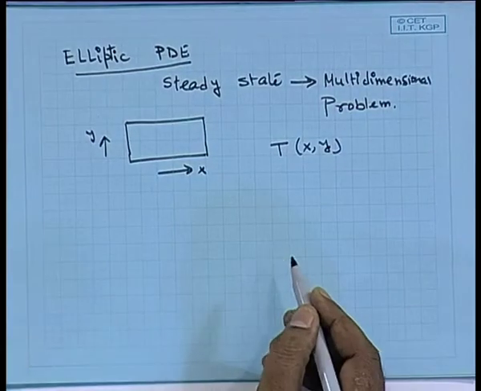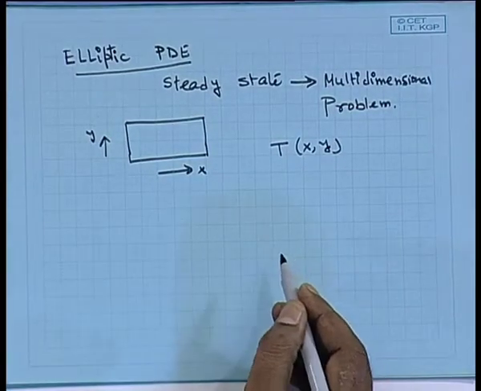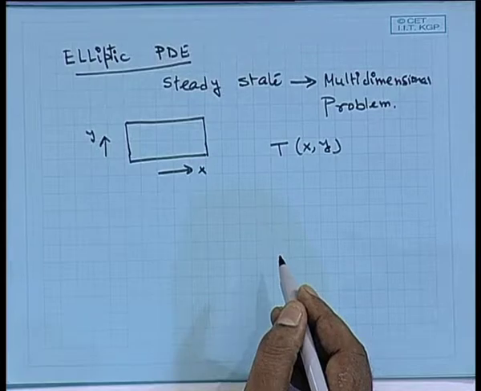So, the governing equation that you will be dealing with is basically an elliptical partial differential equation instead of the parabolic partial differential equations that we have discussed so far.